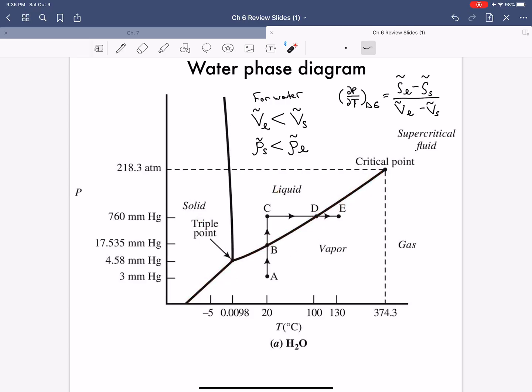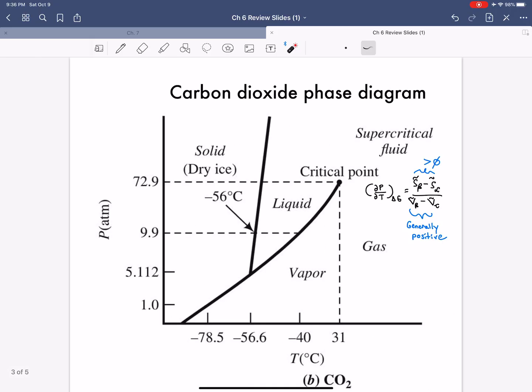And you also have to remember in these phase diagrams, a lot of times the y-axis and maybe even the x-axis are on crazy log scales. And so we see this for water, and we even see it for carbon dioxide as well, where the solid to liquid phase line is very steep, while the ones between solid and vapor or liquid and vapor are generally more flat.